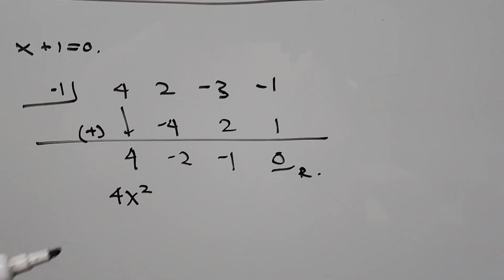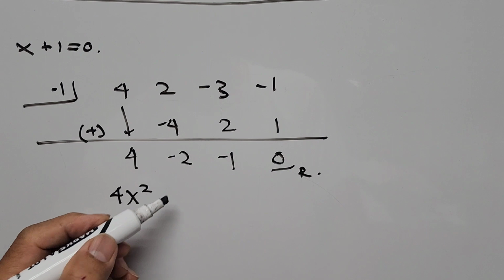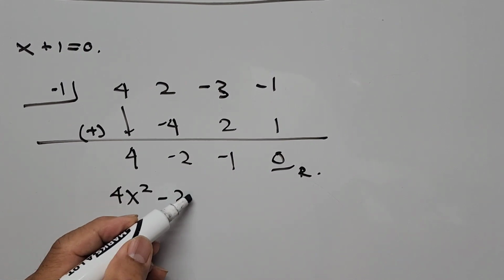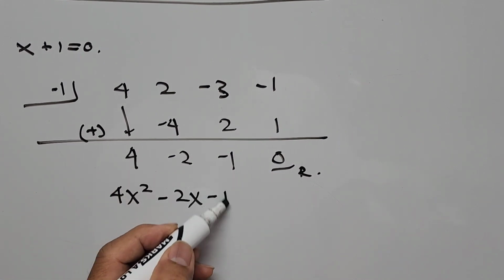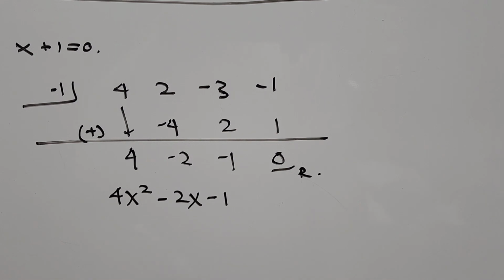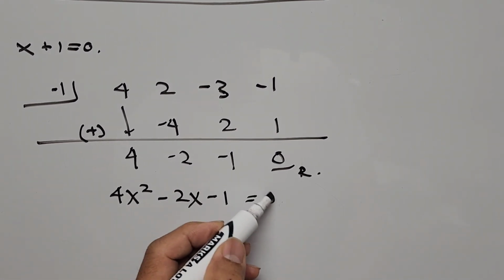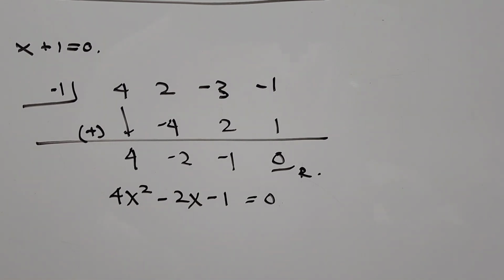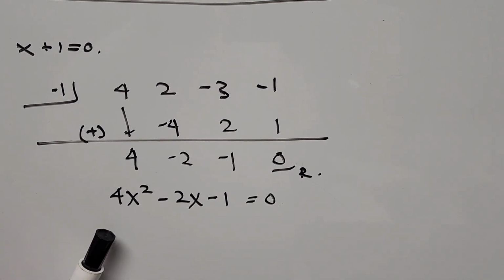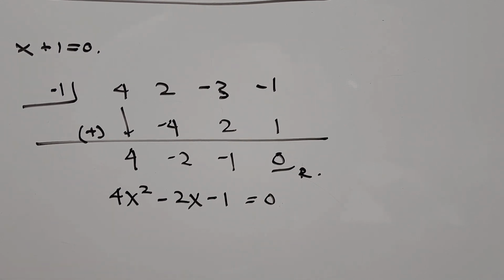Then -2x minus 1, and we equate this to 0. And then we start finding the roots of x from here. Can we factor this quadratic equation? Since this is a quadratic equation, you might as well use the quadratic formula to solve for x.